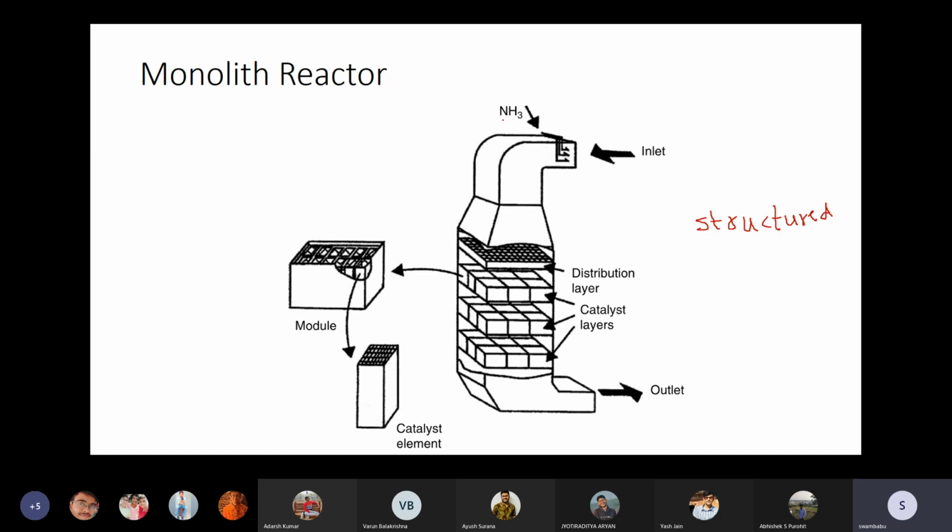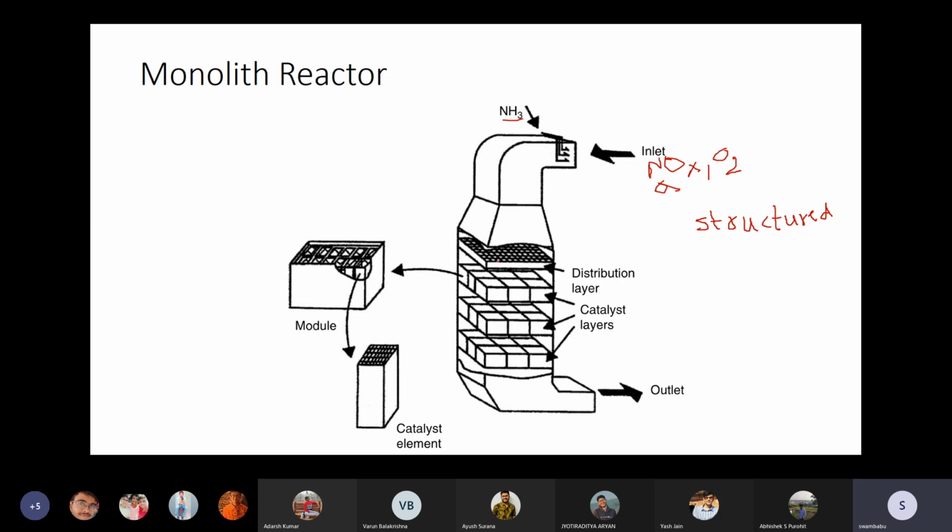The ammonia gas and the NOx gases coming from the absorption column, along with O2, are sent inside. Both go inside, ammonia comes here, and upon the catalyst surface, the conversion of NOx gases to nitrogen takes place.